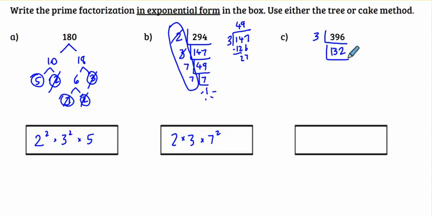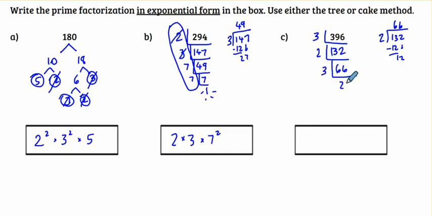I know that that is even, so I can divide by 2. 2 into 132, that's going to be 6. I subtract, bring down, and I get 6 again. So it's 66.